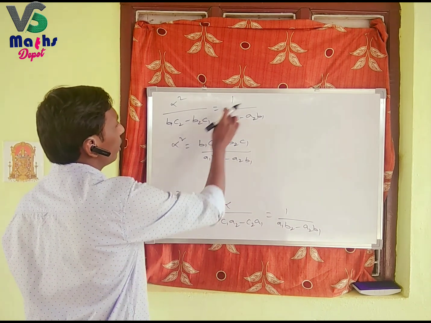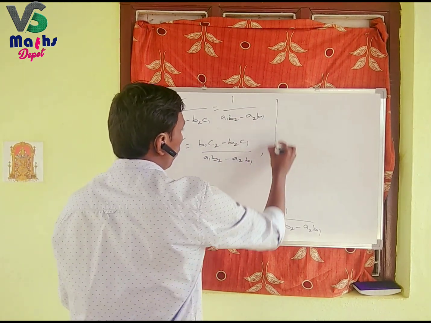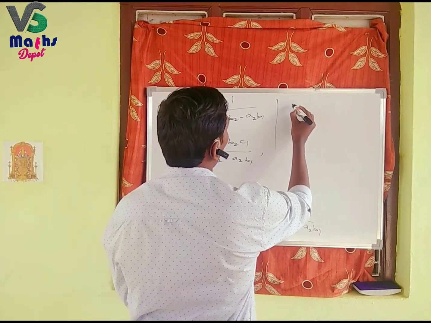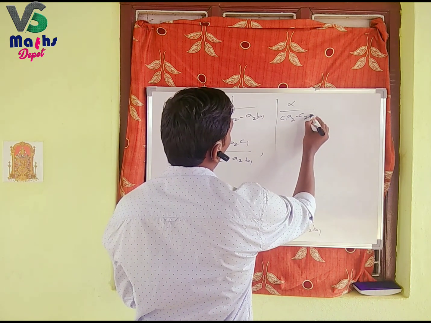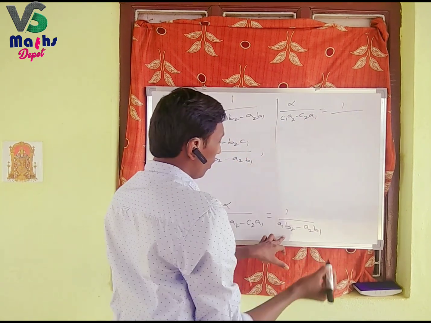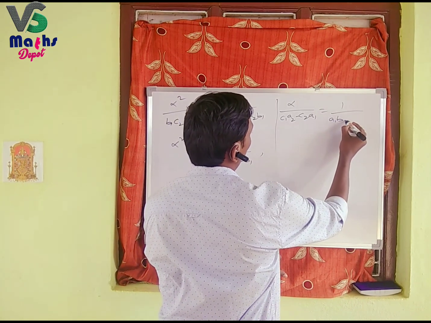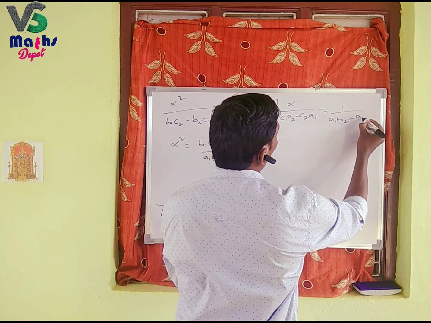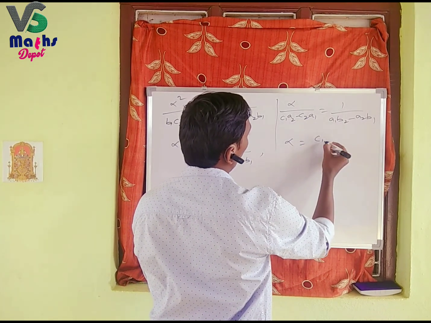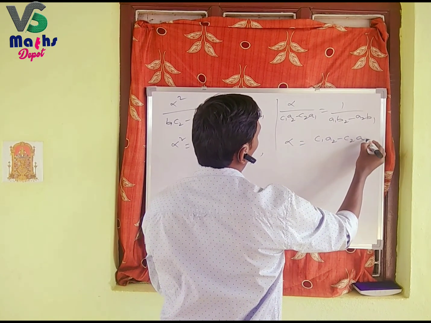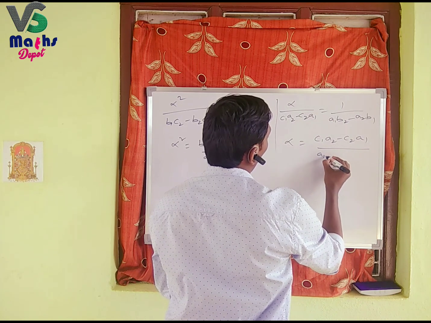Now equating these two, we get alpha by c1 a2 minus c2 a1 is equal to 1 by a1 b2 minus a2 b1. Alpha is equal to c1 a2 minus c2 a1 by a1 b2 minus a2 b1.